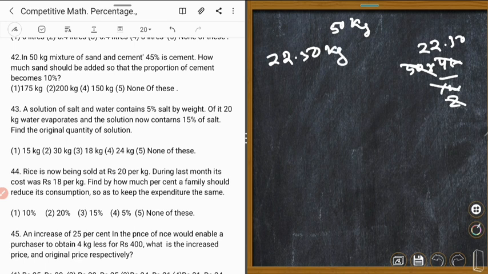This is 45% of 50 kg. It should be 10% of some volume. So that volume is x.